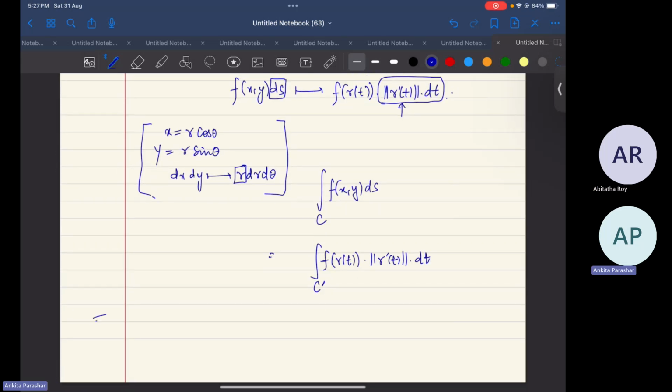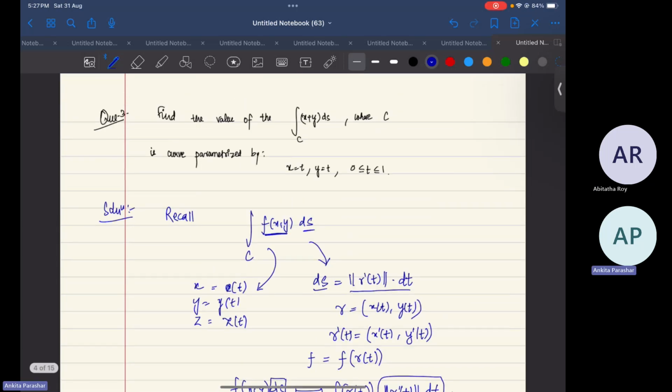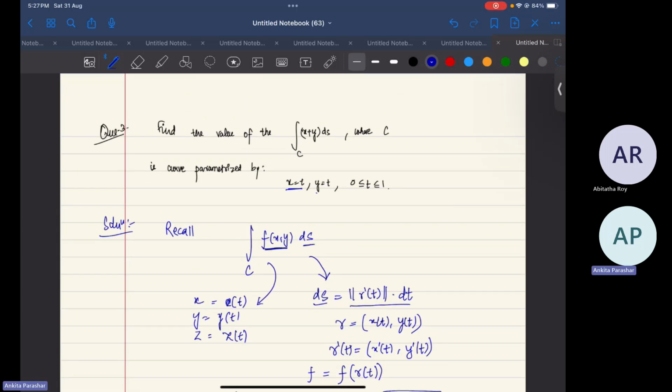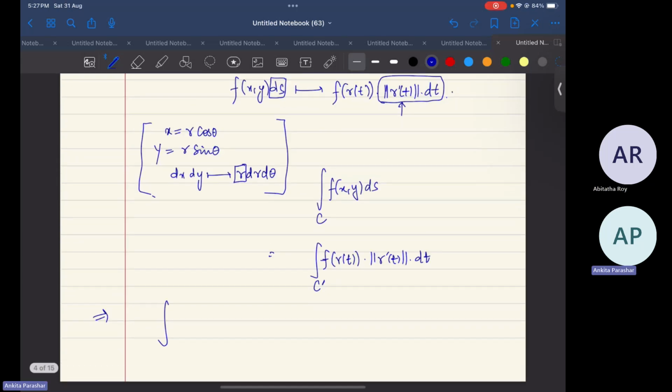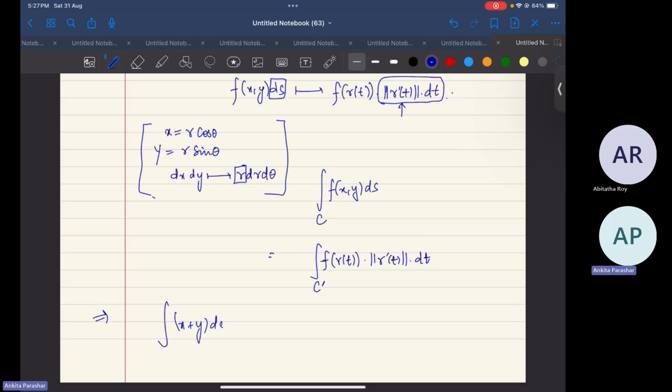So, okay, let's see how. f of r(t): you have to change x and y to t. That is nothing but 2t. So the integral of x plus y ds over the curve is nothing but 2t, but ds is the norm of r prime.